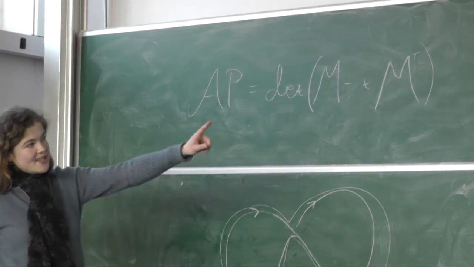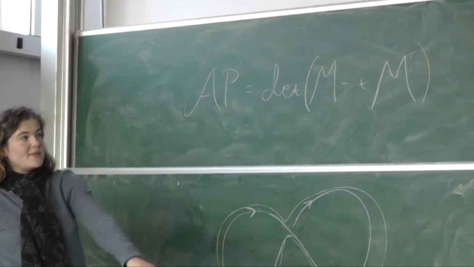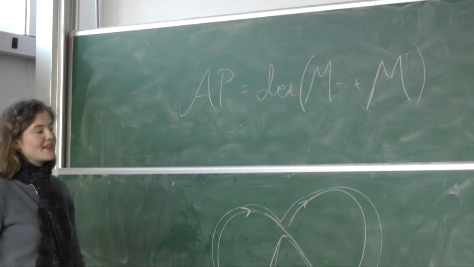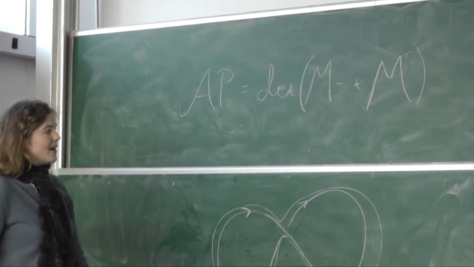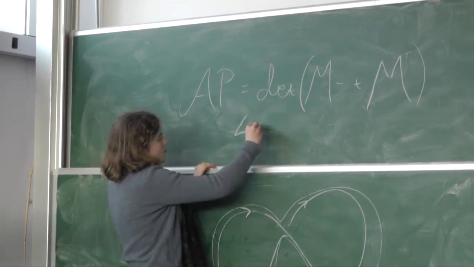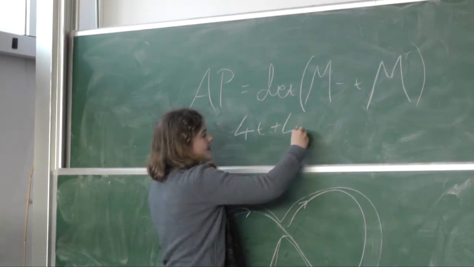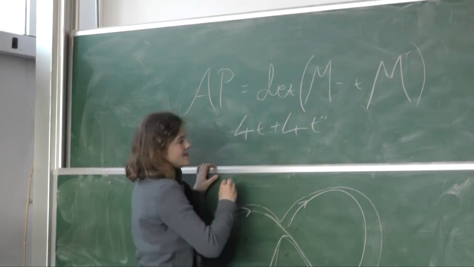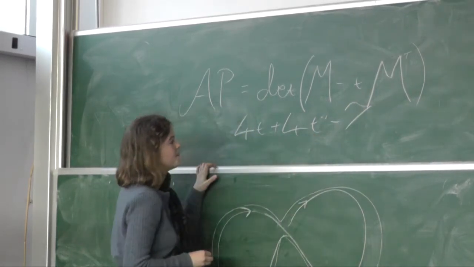So we actually know the Alexander polynomial of the 7-4 knot, which is a kind of Celtic flat, and that one is 4t plus 4t inverse minus 7.